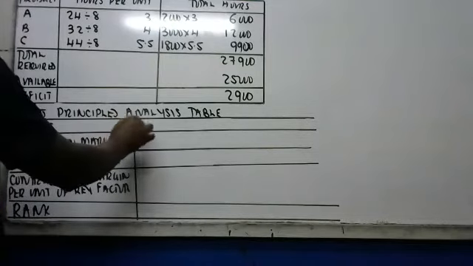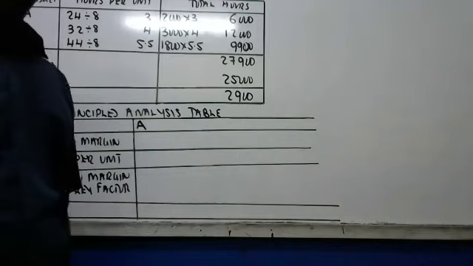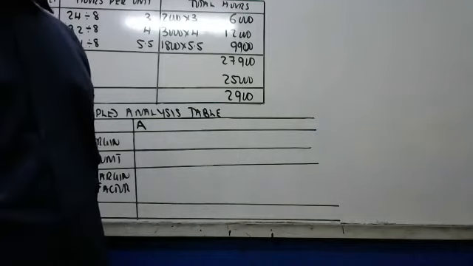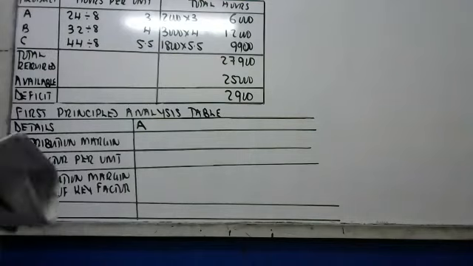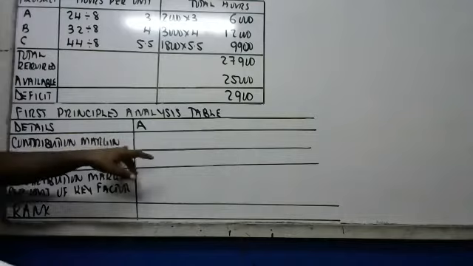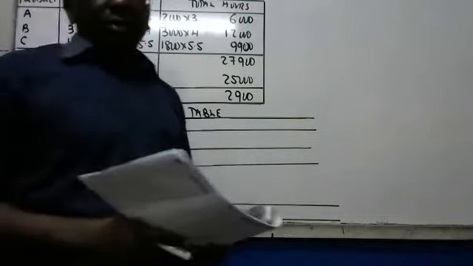So let's start with product A. We have just finished the issue of CVP, and we know that contribution margin is the selling price minus the variable cost.